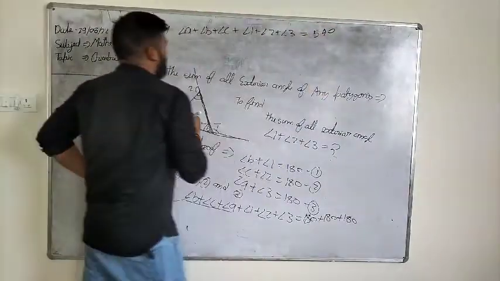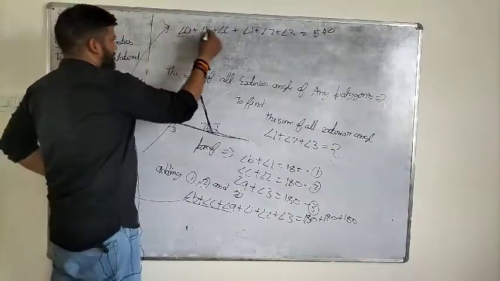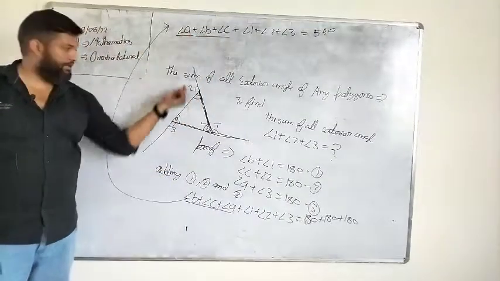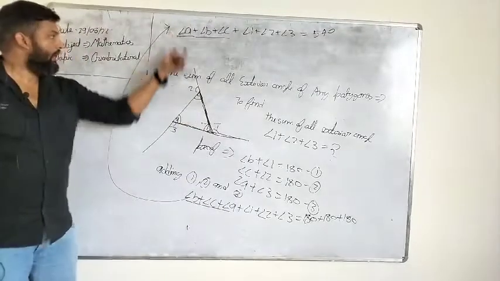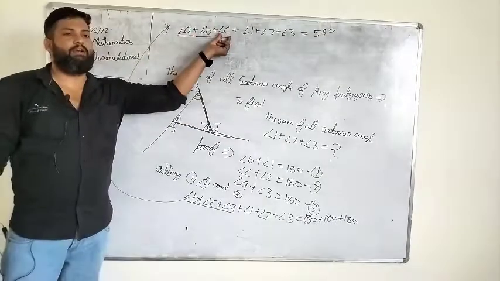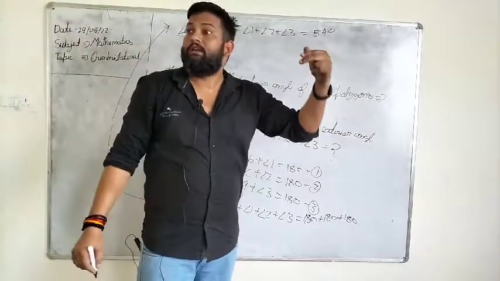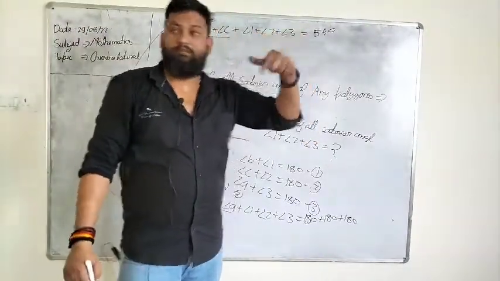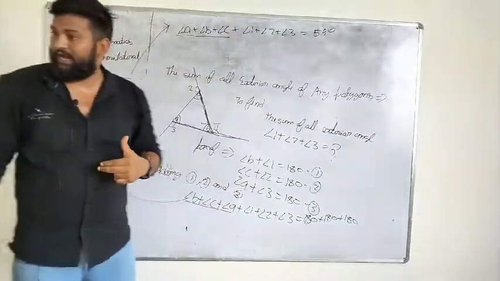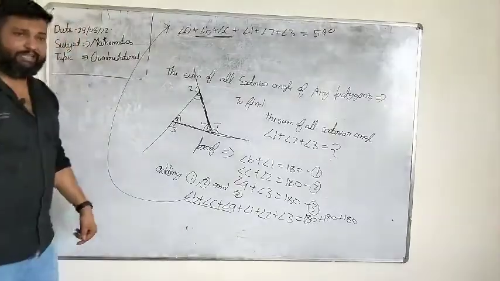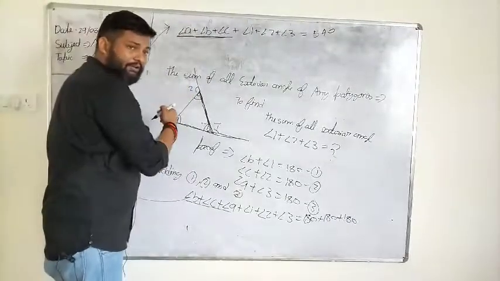And after that, what do we observe? Angle A plus angle B plus angle C is the sum of all interior angles of a triangle. So in the place of angle A plus angle B plus angle C, can we write 180?